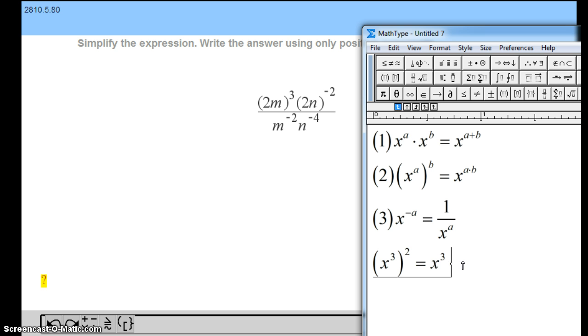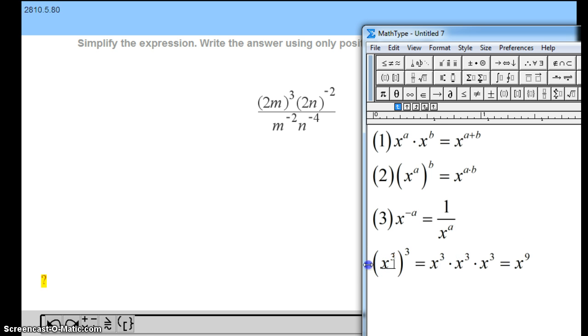Then we can use rule 1, which is a plus b. So that's x to the 6, which is 3 plus 3. But you can see it's also 3 times 2, right? And if it were to the third power, we just write out another times x to the 3, and then you'd add, and that's 9. So by the first rule, you can get the second rule.